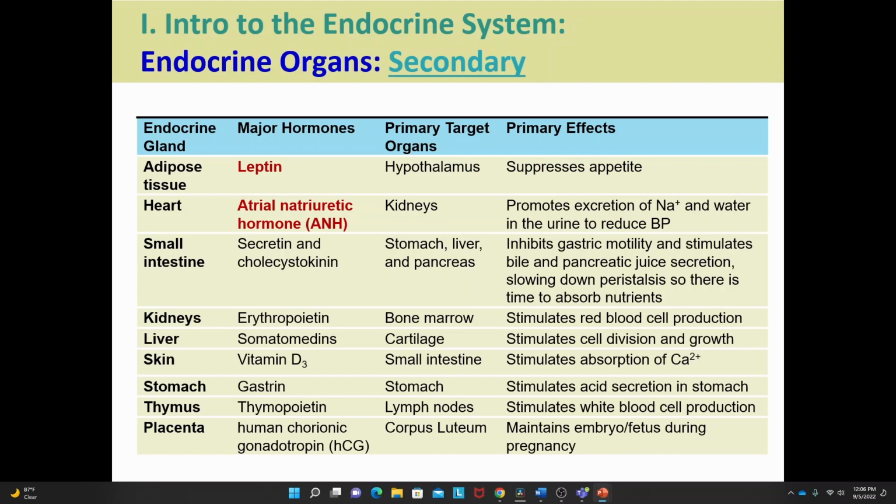Whereas what we see here, adipose or fat tissue, the heart, small intestines, kidneys, liver, skin, stomach, thymus, and placenta, these are all secondary endocrine organs. They have another function that they're responsible for that's bigger, and endocrine is more of a side gig, right?